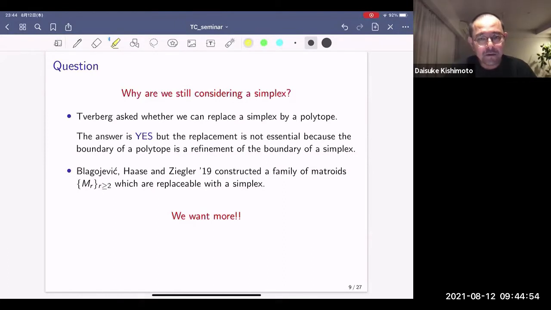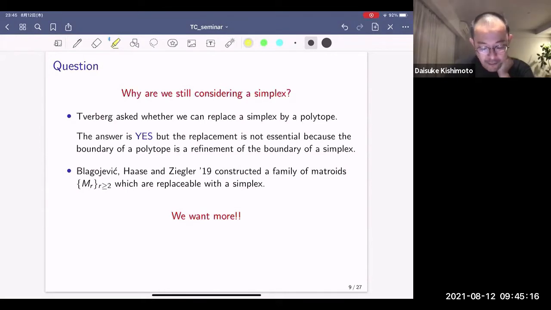So I want to ask you, why are we still considering a simplex? This is a very naive and natural question, and actually a kind of this question was asked by Tverberg himself.